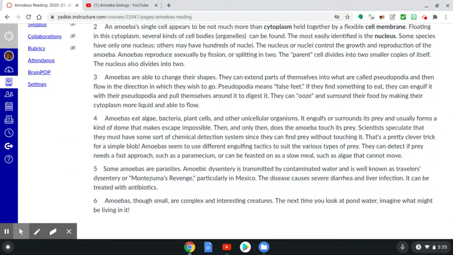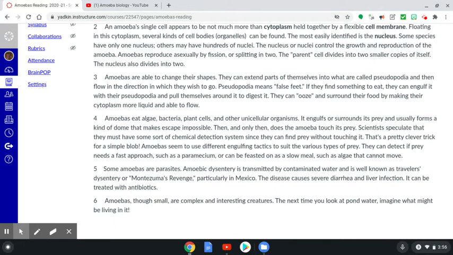They extend themselves into projections called pseudopodia, and the pseudopodia reach out or stretch in the direction the amoeba wants to go. Pseudopodia means false feet.